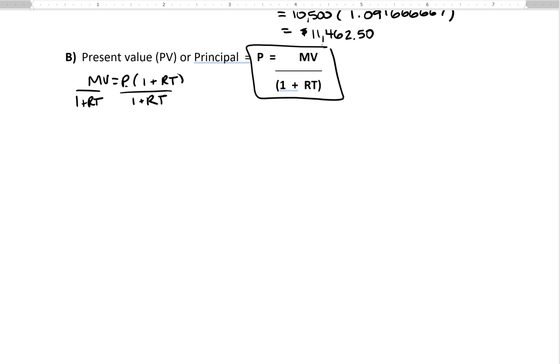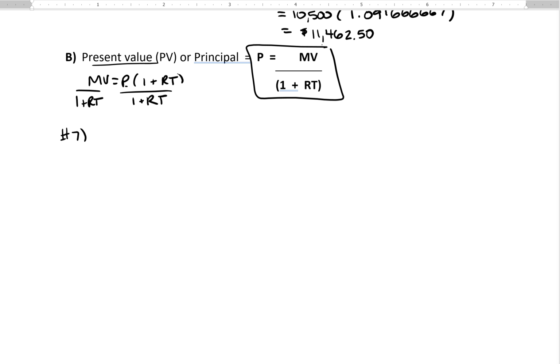Or we can look at the questions of saying if we have to pay back $11,462.50 in the end at a certain rate of interest, how much did you borrow to begin with? What was the principal? So principal is also referred to as the present value of it. So let's look at number 7.